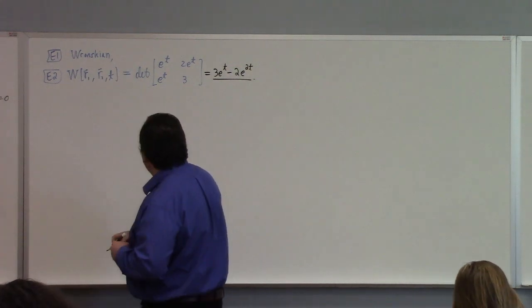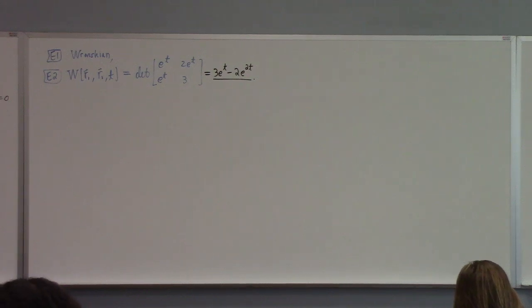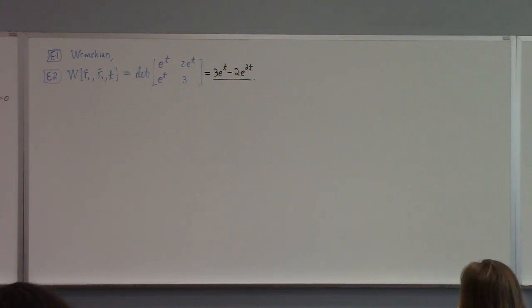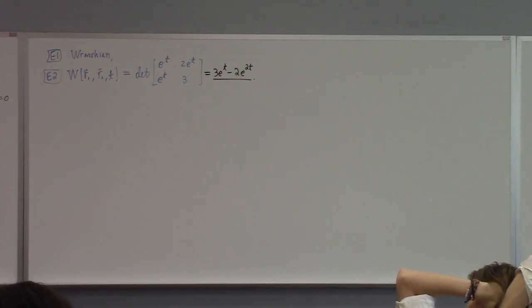So there you go. That's the Wronskian. Okay, so that's what we mean by linear independence of vector-valued functions. It's just like we defined before. They can't simply be scalar multiples of each other, something like that, all right? We want to find genuinely independent functions.